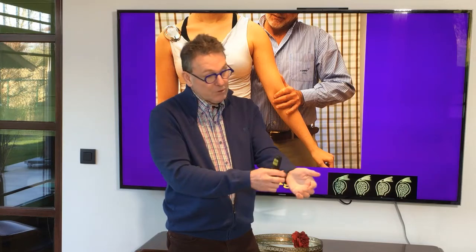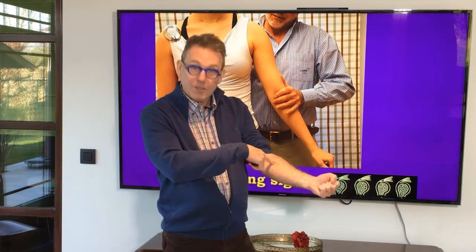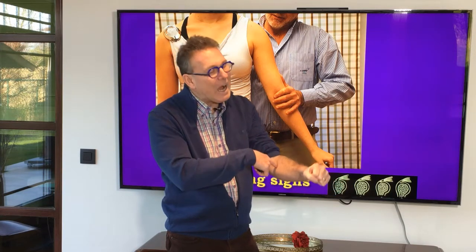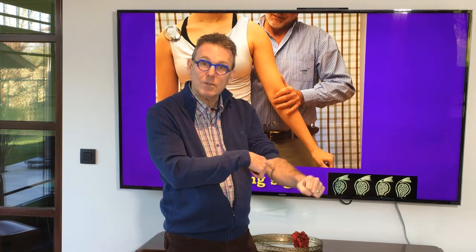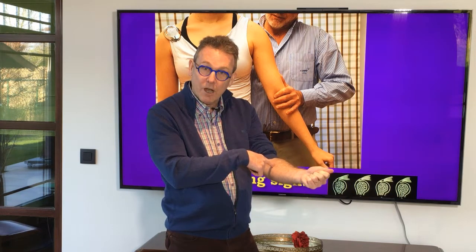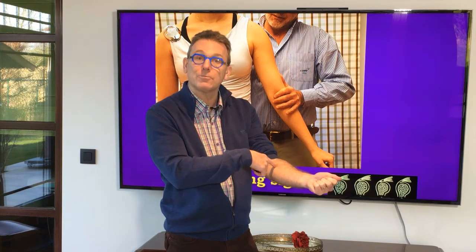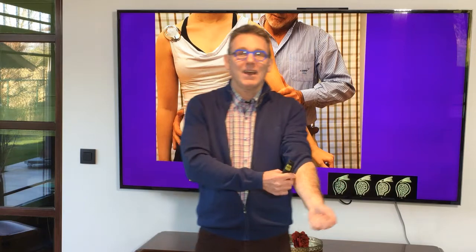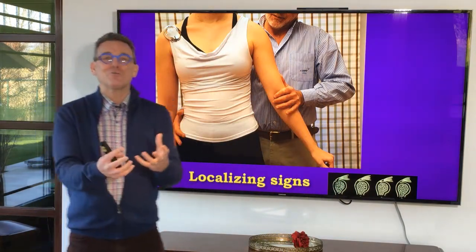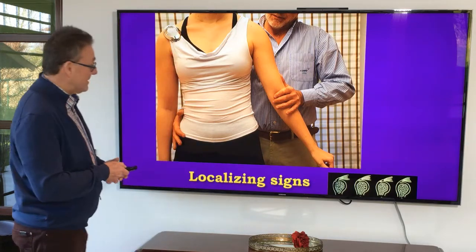What can happen during the pronation is that the insertion of biceps on the radial tuberosity gets squeezed in. So the passive pronation is a localizing sign for a biceps lesion at the insertion on the radial tuberosity. And this is the beauty in orthopedic medicine. When you find those localizing signs, it makes your diagnostic life a little bit easier.